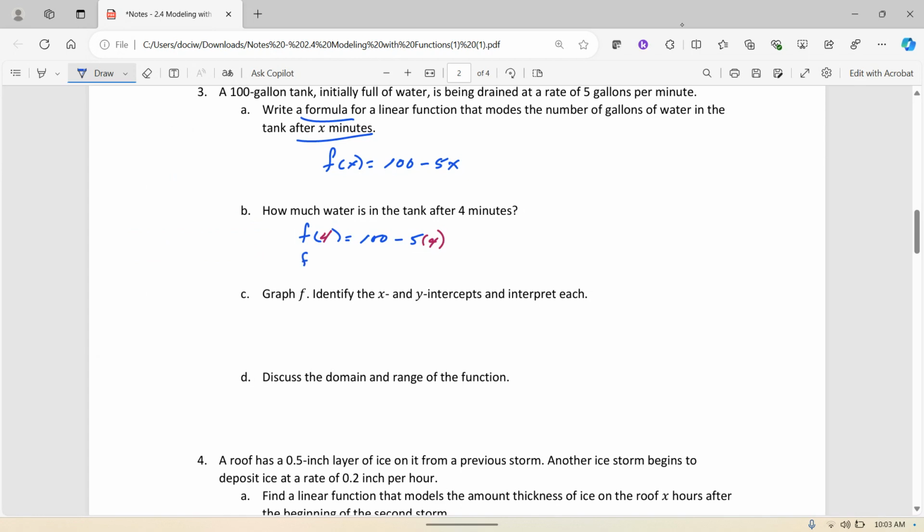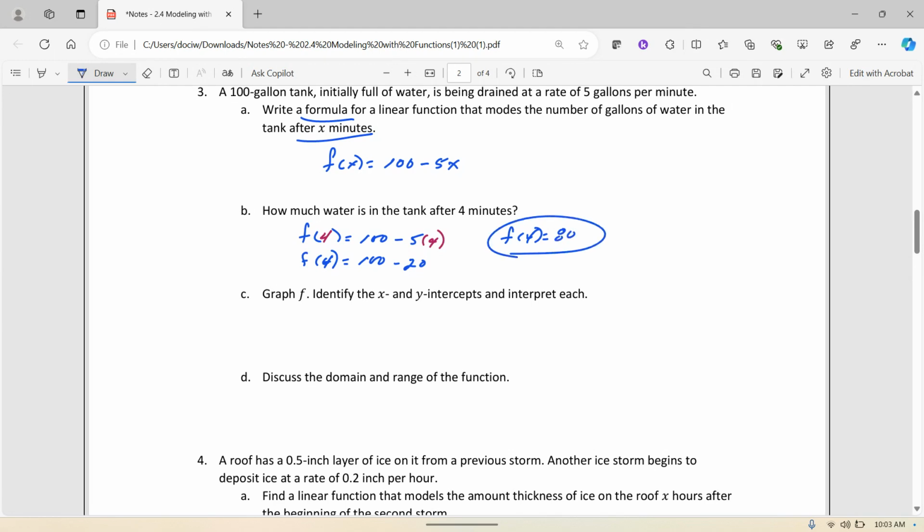So f of 4 will equal 100 gallons minus 5 gallons per minute for 4 minutes. 5 times 4 is 20. So we've released 20 gallons from the tank. So f of 4 will equal 100 minus 20, which is 80. After 4 minutes, there's 80 gallons in the tank.